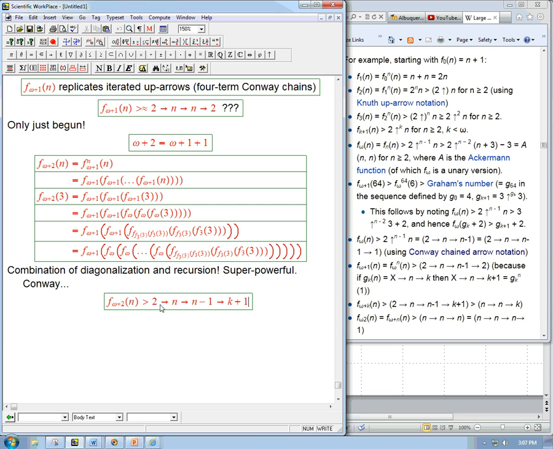I'm sorry, 2 plus 1, 3, there we go. I'm reading off the Wikipedia thing. As you can see, I've got this handy little reference from Wikipedia.